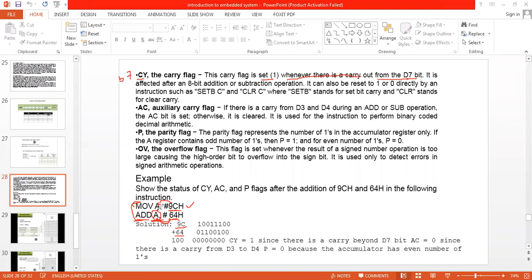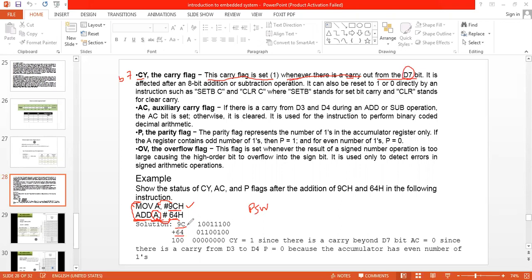Now let us see what will happen when an arithmetic instruction is being executed here, and what will happen to the PSW register. What we have seen here: carry flag is equal to 1 whenever there is a carry out from D7 bit.